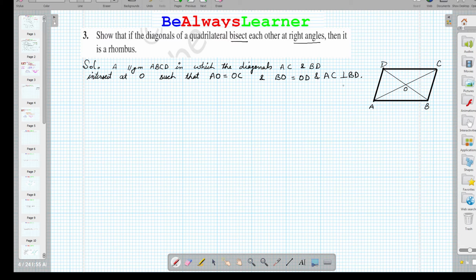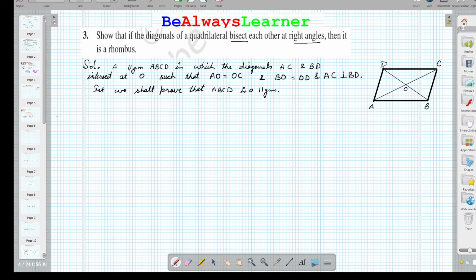तो हमने इसको ऐसे लिस्ट कर लिया। सबसे पहले हमें पैरेललोग्राम प्रूव करना है, देन हम रोम्बस प्रूव करेंगे। So first we shall prove that ABCD is a parallelogram.